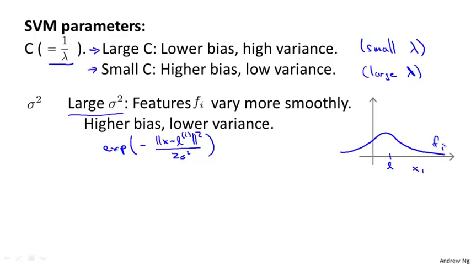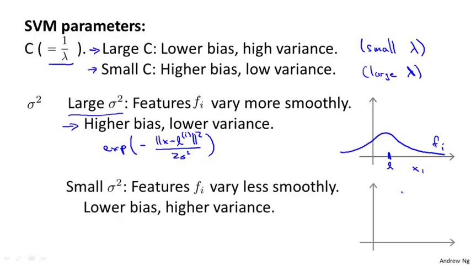So this would be my feature fi, a smoother function that varies more smoothly, and this would give me a hypothesis with higher bias and lower variance. Because the Gaussian kernel falls off smoothly, you tend to get a hypothesis that varies slowly, or very smoothly, as you change the input x.